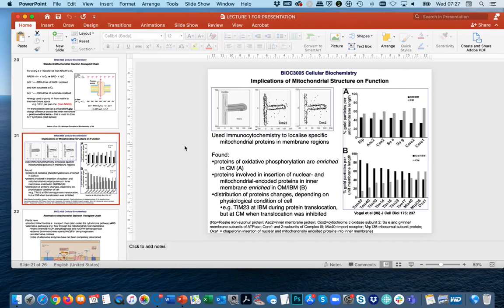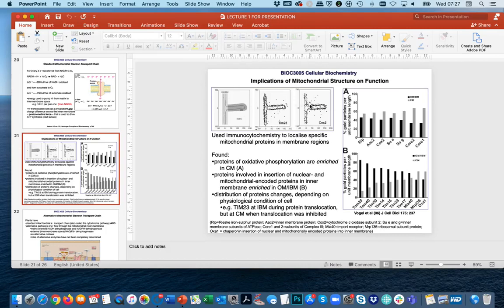So what's shown on this slide is an artist's representation of the labeling, where each of the dots represents where the proteins are located. Here we've got the inner mitochondrial membrane with the inner boundary membrane and then the cristae membrane projecting out into the mitochondrial matrix.